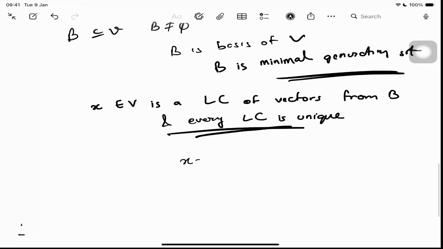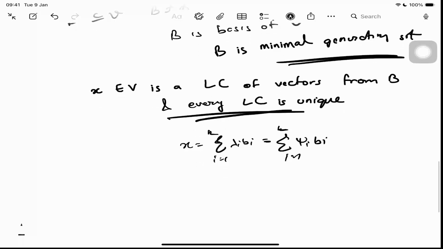So to put things in expressions, the sum over i equals 1 to k. Simple. Now, to give you an example, in three-dimensional space we have the standard basis.